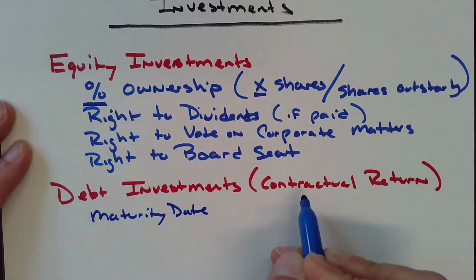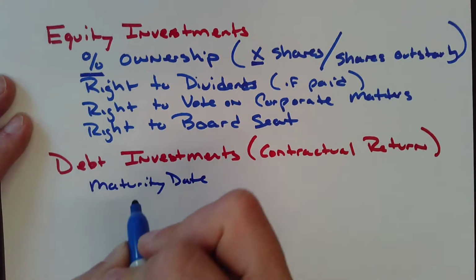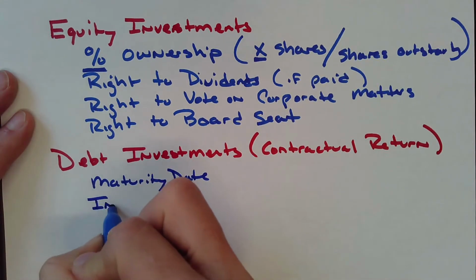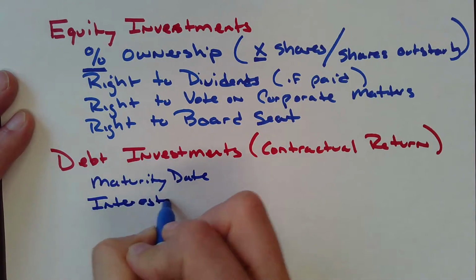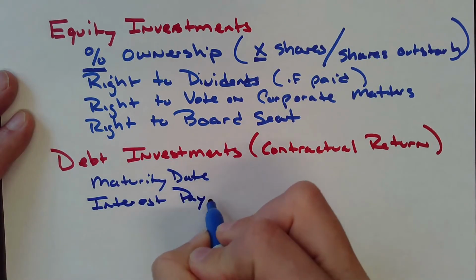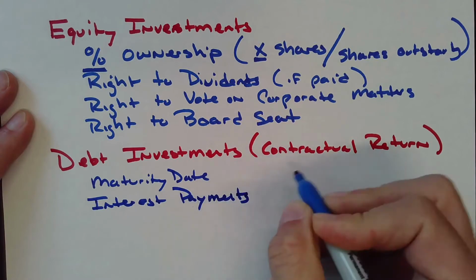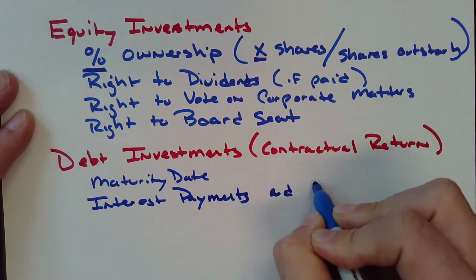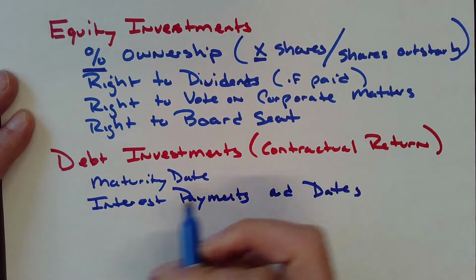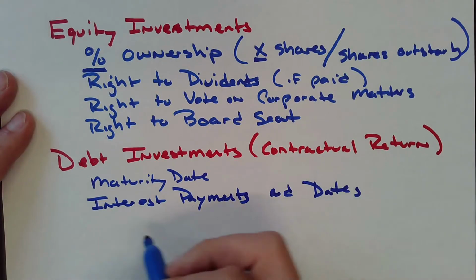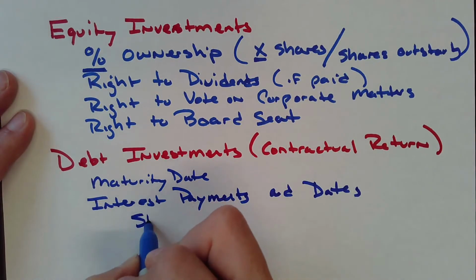When am I going to get my money back? There are likely interest payments and dates. Right? So there would likely be some stated interest rate.